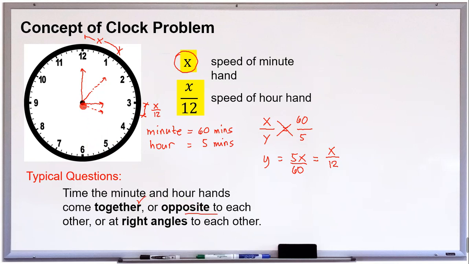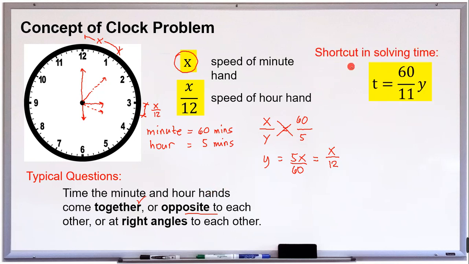Just like this, if this is our minute hand and this is our hour hand, they are opposite to each other. Or there are some cases where these two hands will be at right angles to each other. So these are the typical questions from the clock problems.